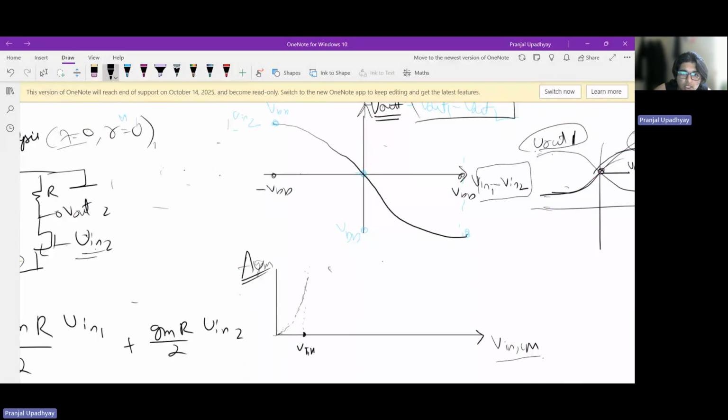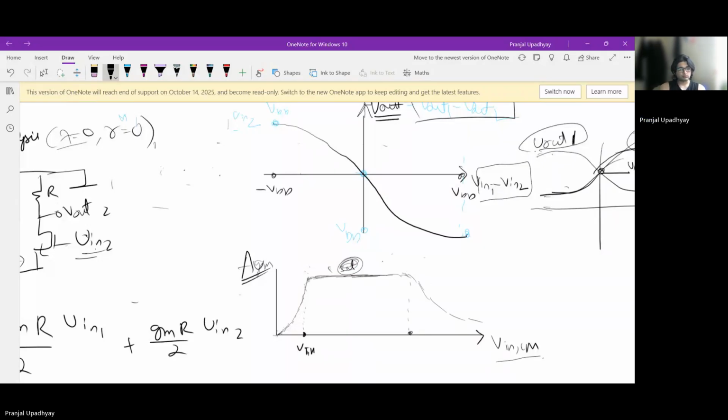And after this point, when both of the transistors are on and in saturation and the tail current source is in saturation, we find the gain almost saturates, which is the kind of behavior we want for a range of V in. And for a high enough V in, when both of the transistors enter the triode regime, the gain again falls. So this was the basic idea of introducing a tail current source.